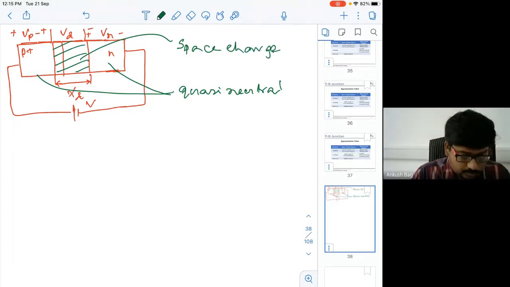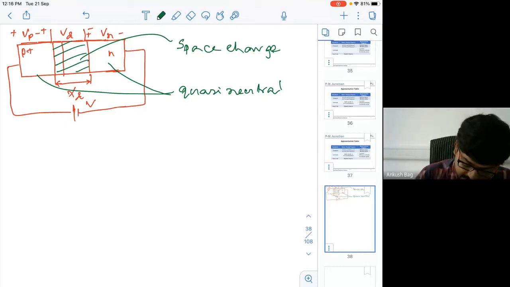So now, as our first step towards the PN junction analysis, we have partitioned our device into 3 regions: 2 quasi-neutral regions and 1 space charge region.